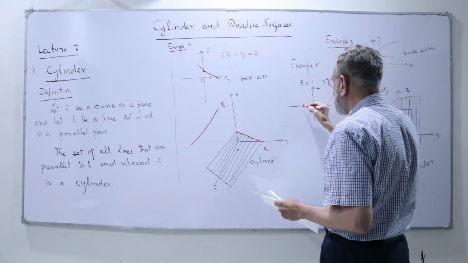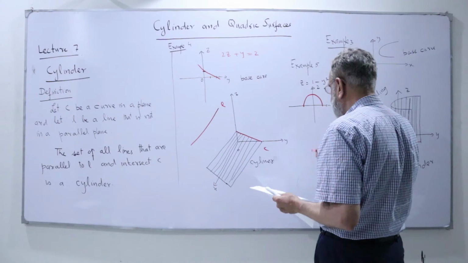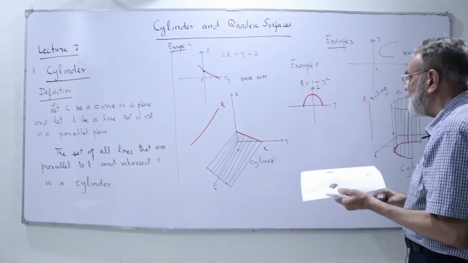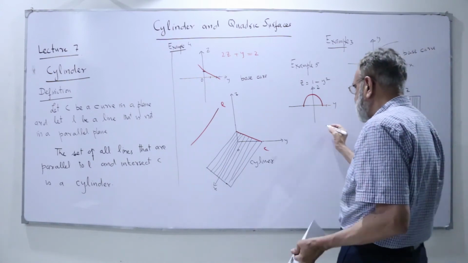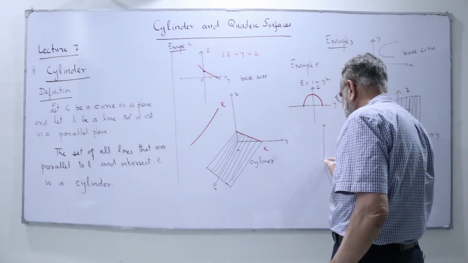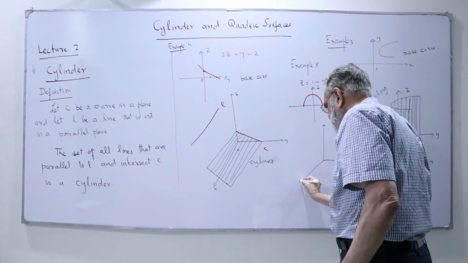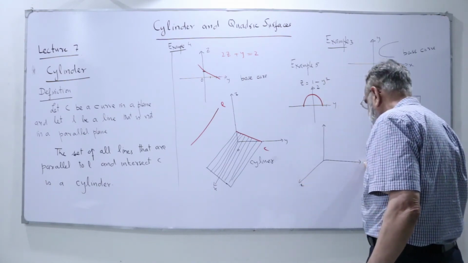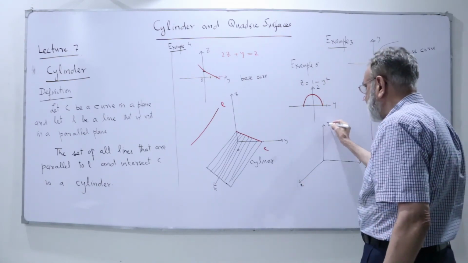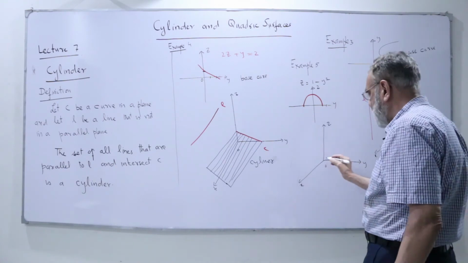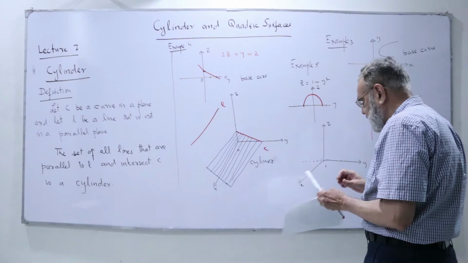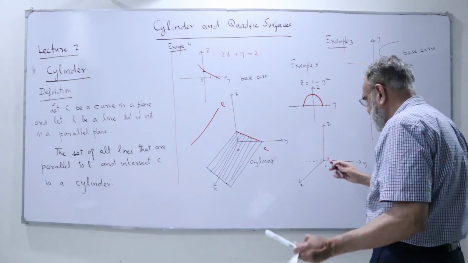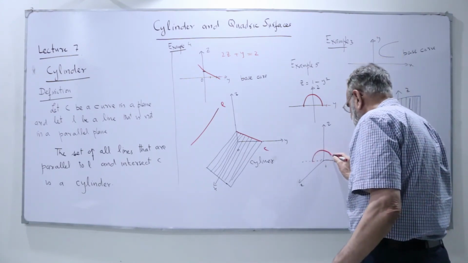So this is my base curve. Now I want to show it as a cylinder. My axis is the x-axis, so the axis will not be in the yz plane. I just draw my base curve.